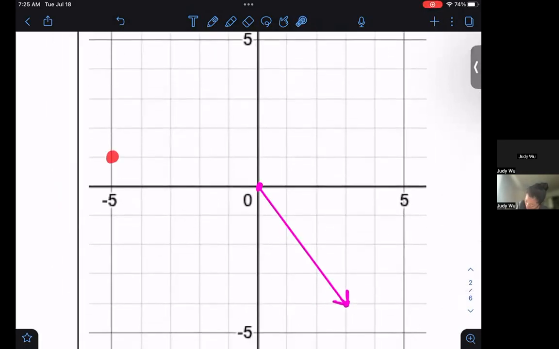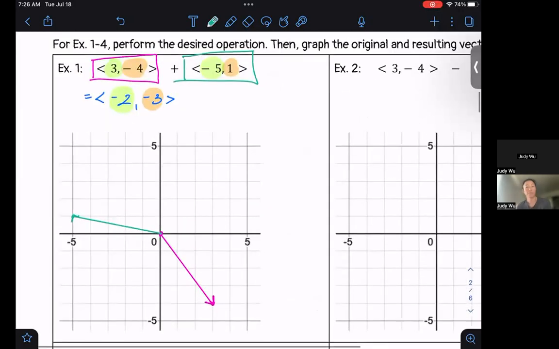So here's my terminal point and my initial point, and I can go ahead and connect them. Okay, so what I've done here is I've actually gone ahead and drawn 2 vectors in their form where they have an initial point at the origin.